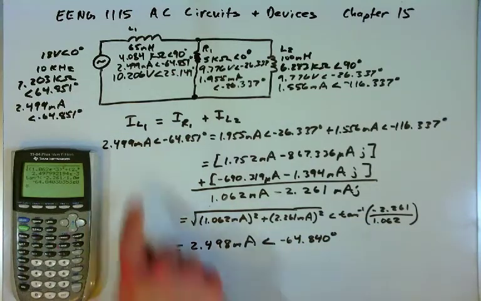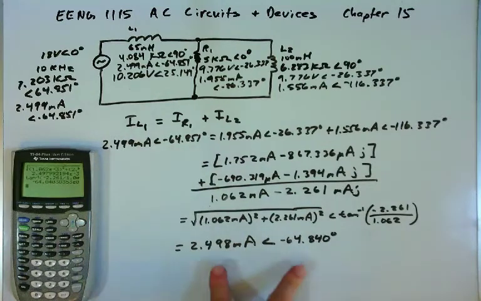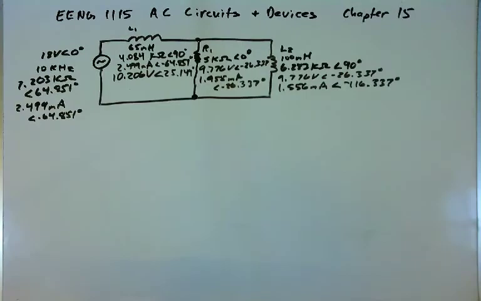So again, we're just checking our answers here, and you can see that the current that we had in inductor 1 is in fact equal to the sum of the currents in R1 and L2. So using Kirchhoff's current law, we can see that we have the right answers here, minus a little bit of rounding error. Now that we know we have the correct answers for currents in the circuit, we can look at the power for the circuit.